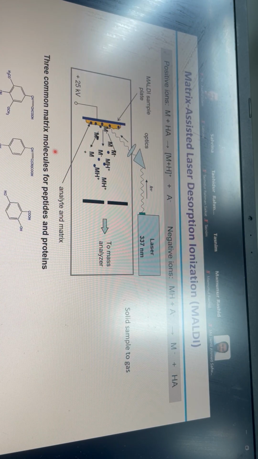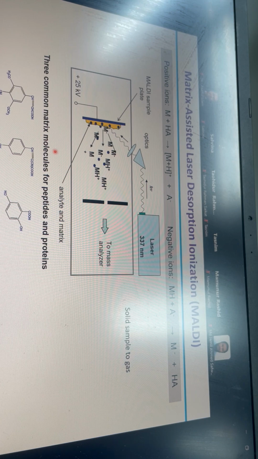Okay, but if you have molecules, like nanoparticles or polymers, that are not dissolved in organic solvent, then you cannot use ESI, because for ESI your sample needs to be dissolved in organic solvent or water.